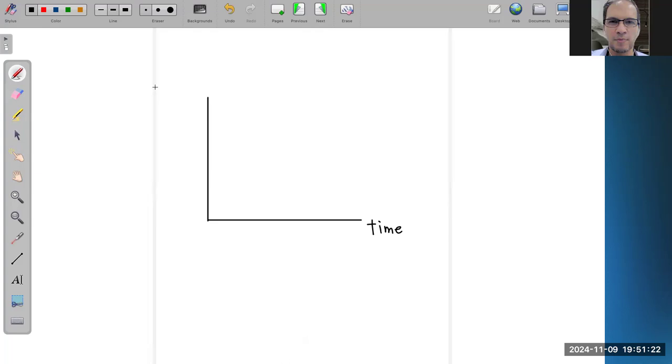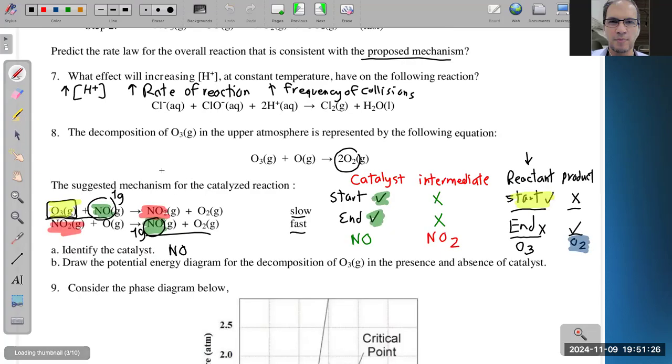The decomposition in the upper atmosphere is represented by the following equation. The suggested mechanism is so and so. The decomposition is in the presence and absence of catalysts. He did not mention anything.